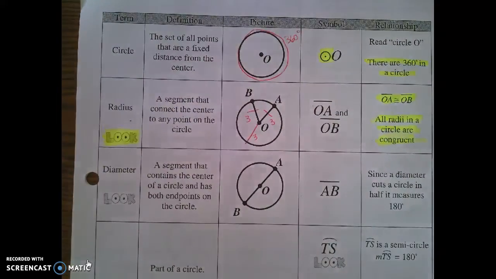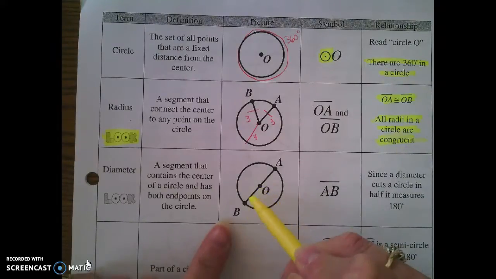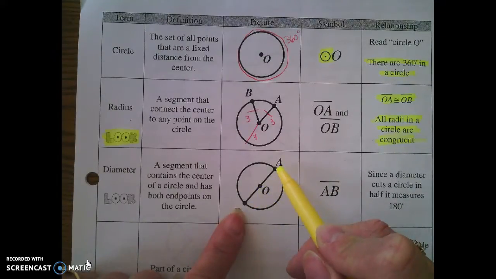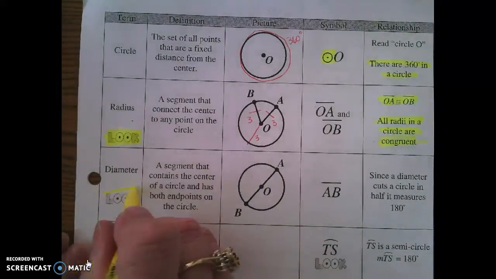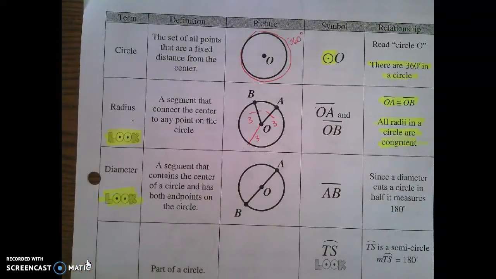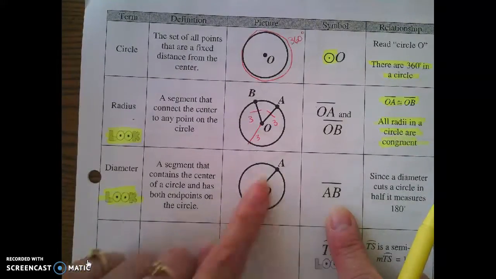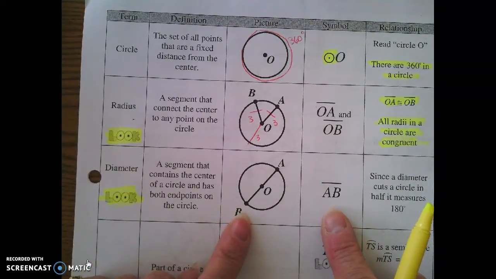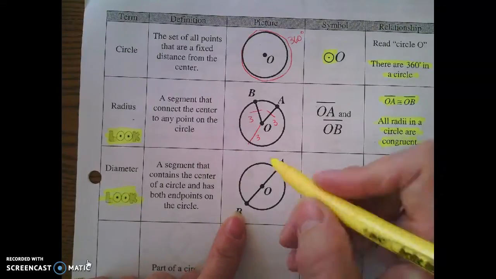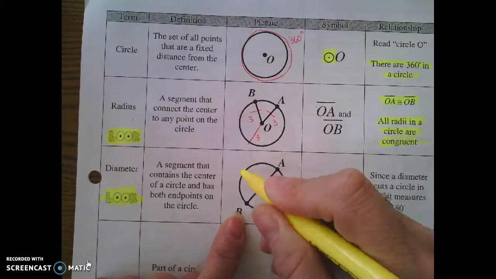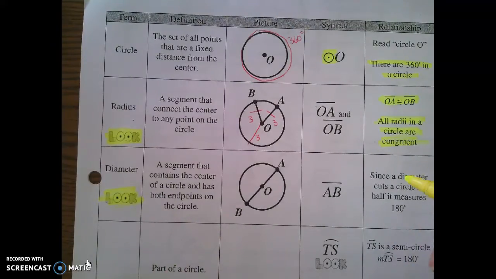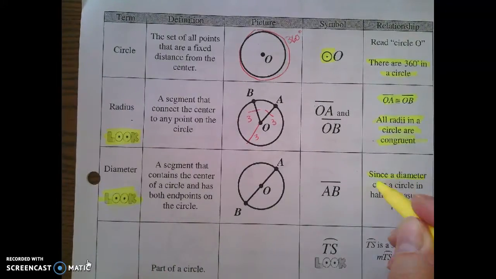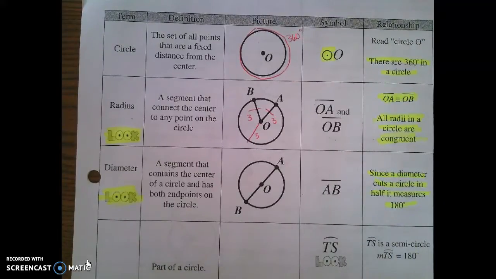All right, a diameter is a segment that contains the center of a circle and both endpoints are on the circle. So it goes through the middle of the circle, right through the center. You need to look for diameters. So this is a diameter, it's a line segment, AB. And you already knew that there's 360 degrees in a circle, so a diameter, since it cuts the circle in half, it measures 180 degrees.